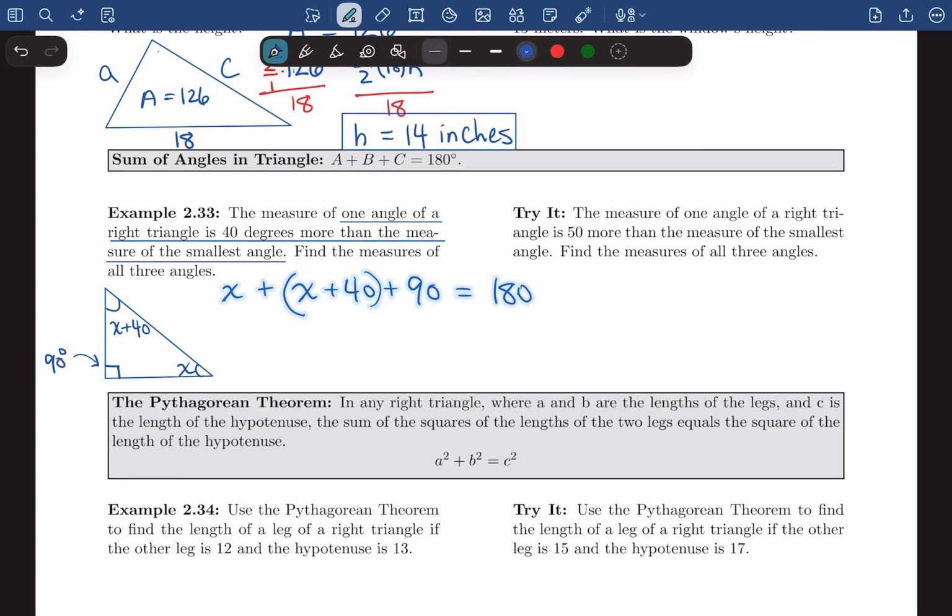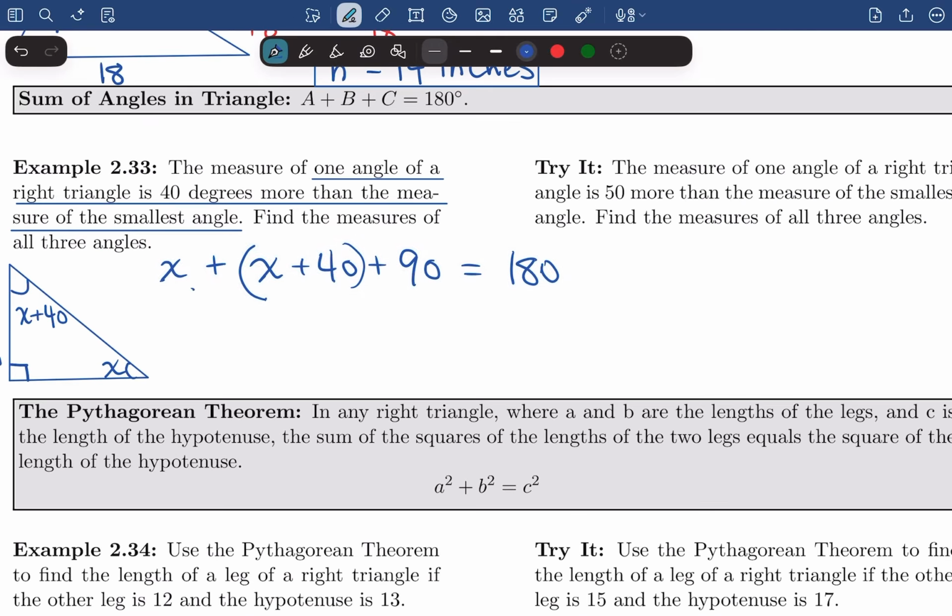So I can take this x and add them together to make 2x. And I can take this plus 40 and this plus 90 and add them together to make 130. And that equals 180. So we've now simplified this equation by combining like terms.